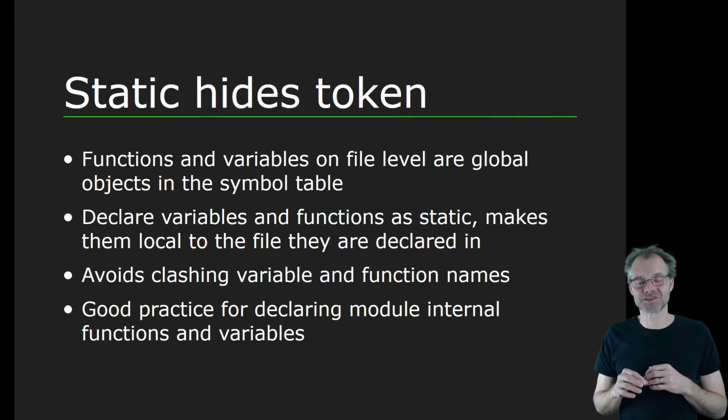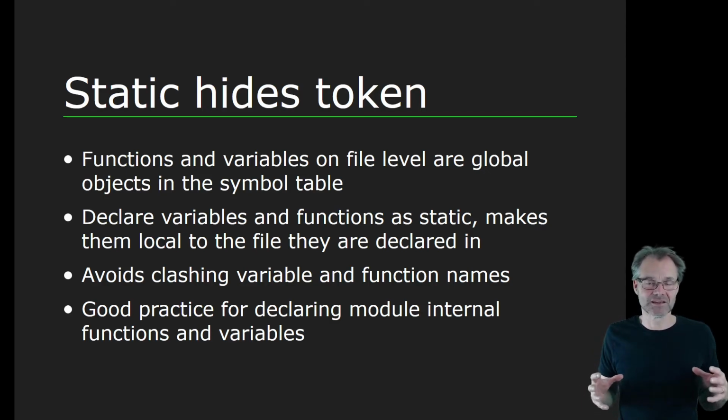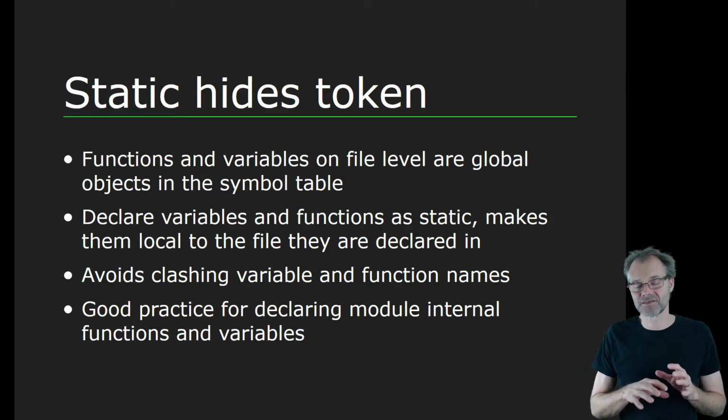So this avoids name clashing, where the variable or function names might clash between many modules. And it also gives you some possibility to define your module and use your own names on both the functions and the variables you have there.